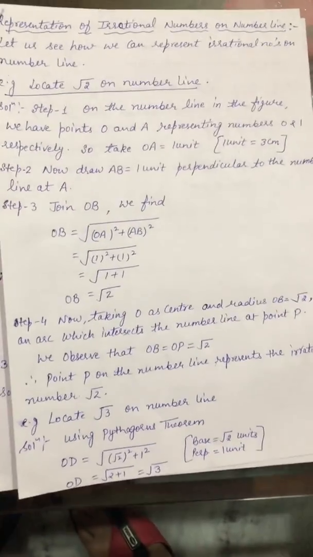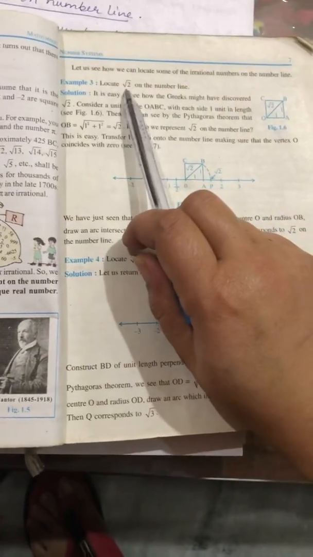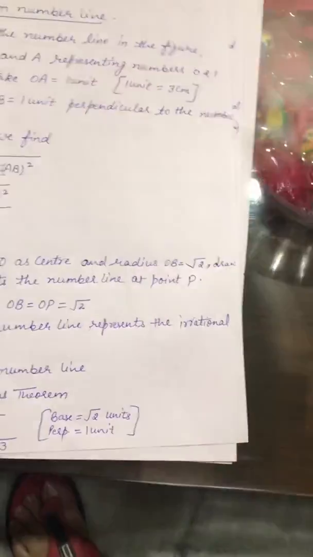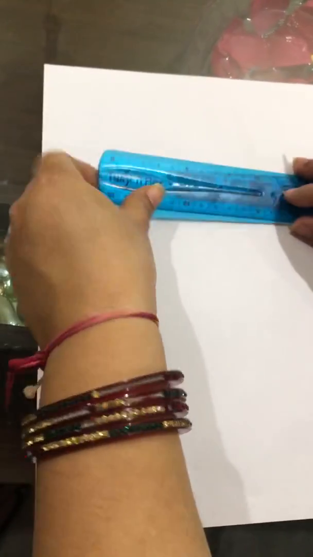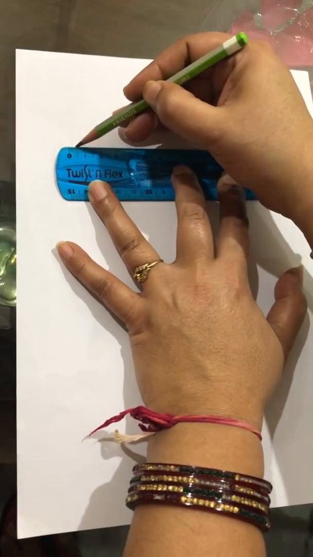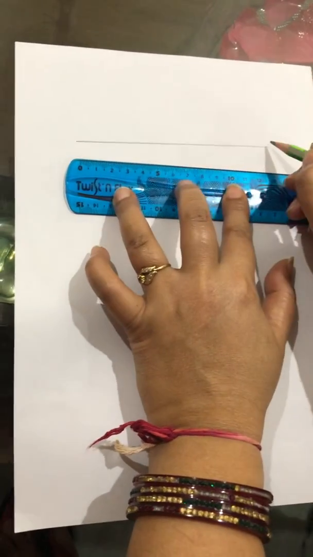So we'll take an example. Example 3: Locate root 2 on the number line. Let us see how we can locate it. For this, you have to draw one number line.